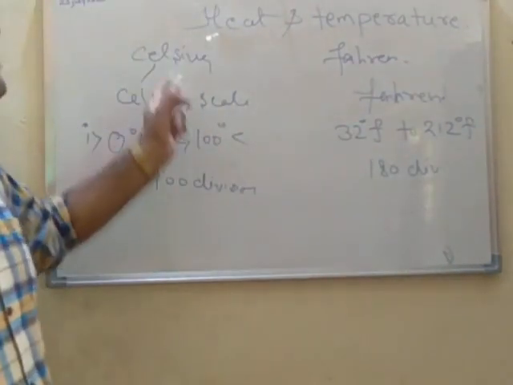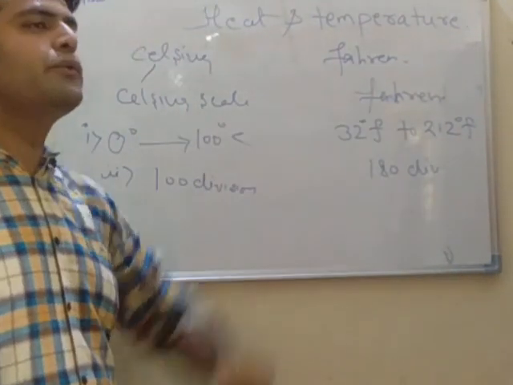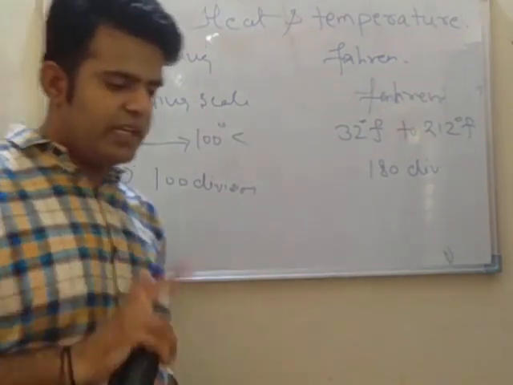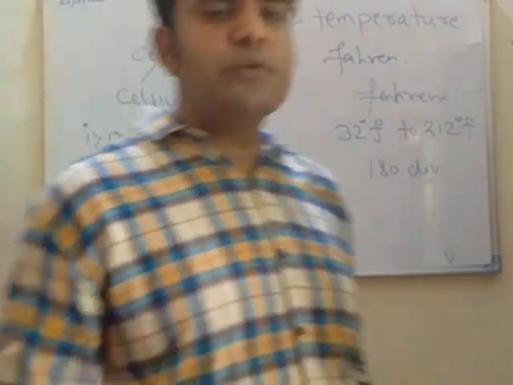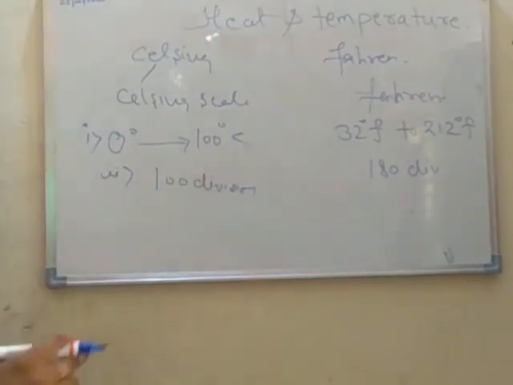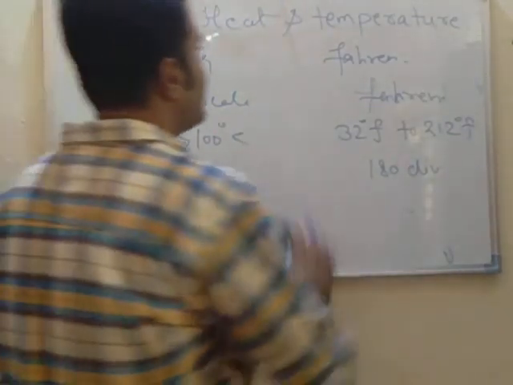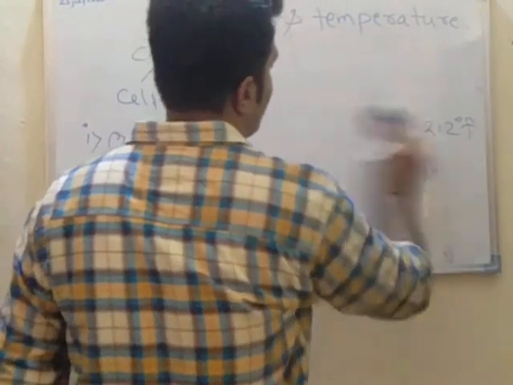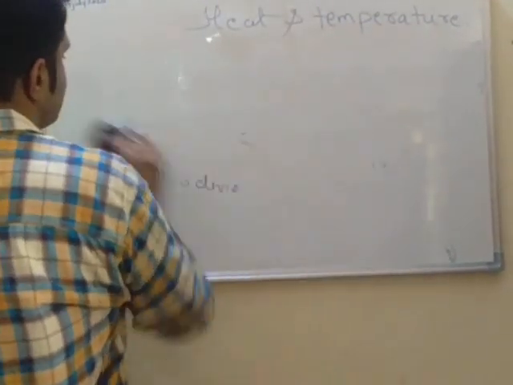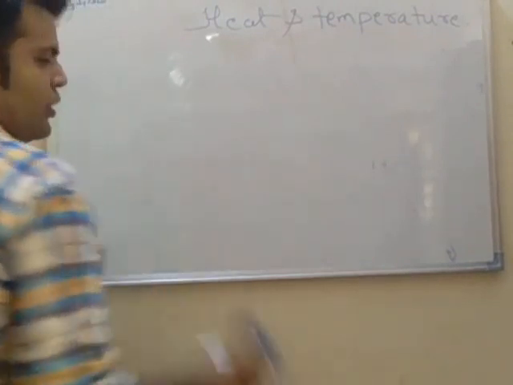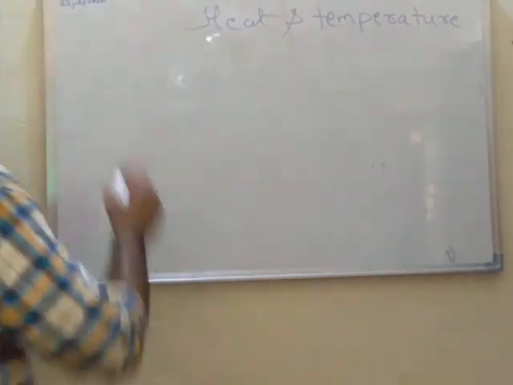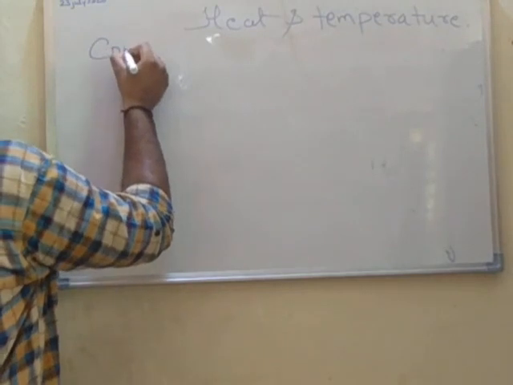We can convert Celsius into Fahrenheit and Fahrenheit back into Celsius. How can we convert this? This is called a conversion. Now we will look at the conversion. There are questions in your book, so you have to do them in the exercise. I'm just giving this conversion.